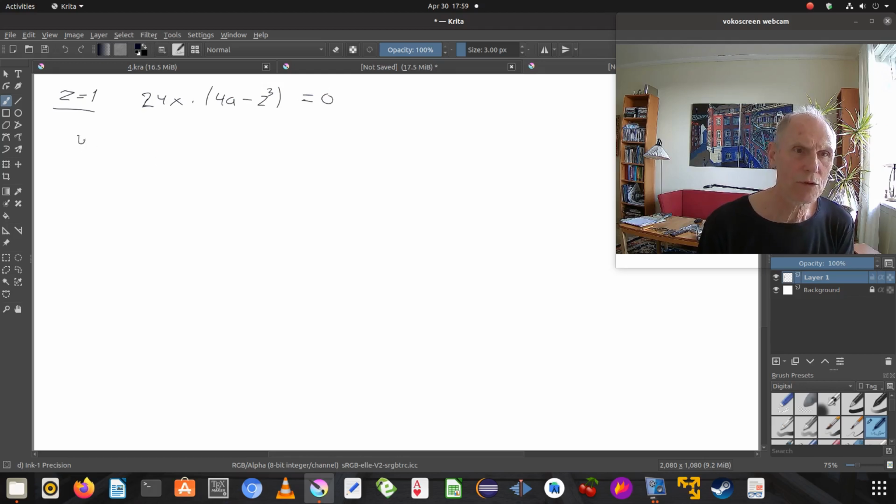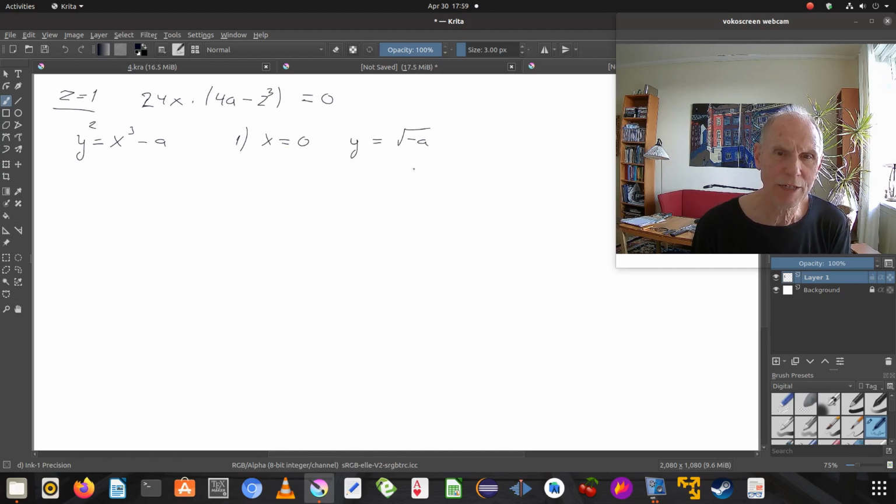And of course, y squared equals x to the third minus a. So, 1, x might vanish. In that case, y equals square root of minus a. So that's one point.